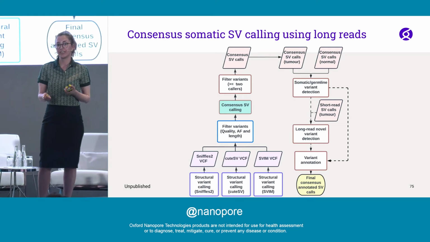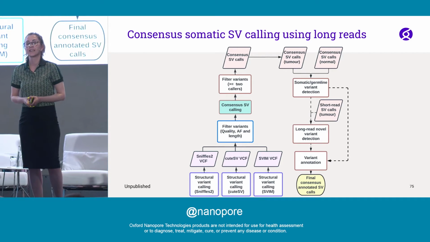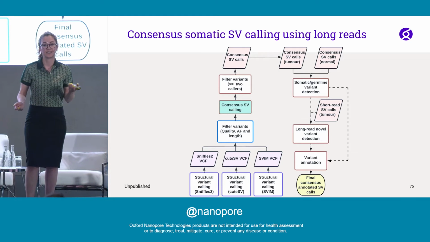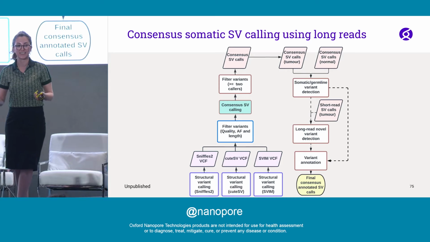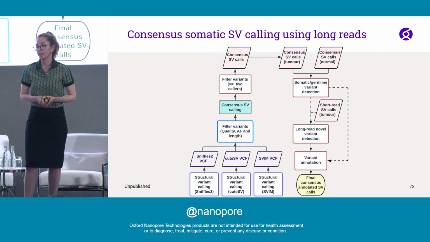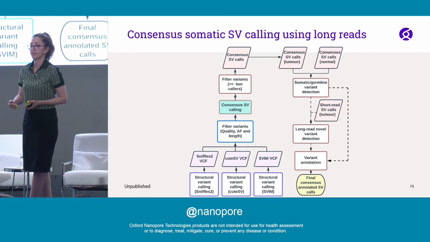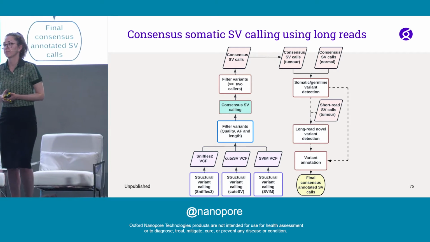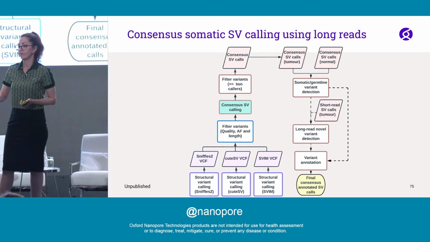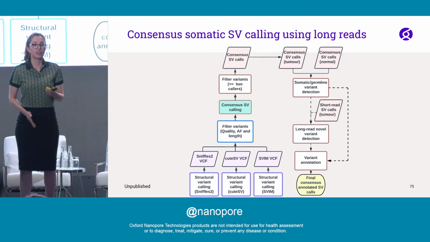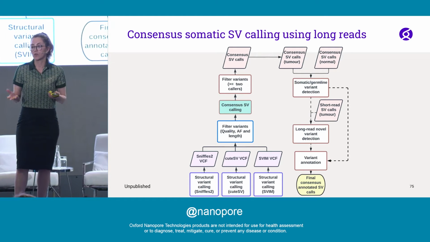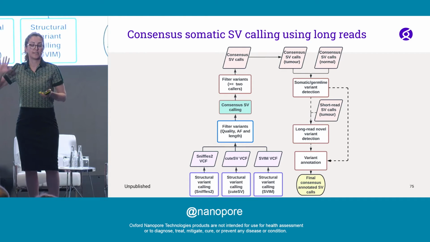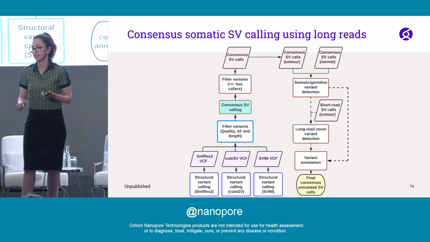This is a bit tricky and challenging in long reads, because it's not as simple as in short-read sequencing, where you can just use BCFtools and do the consensus. We did a lot of benchmarking, and after that a lot of filtration steps, and we have consensus SV calls. After that step, we do the somatic variant calling, where, from the tumor and normal consensus SV calls, we call the somatic variants over the germline or normal variants.